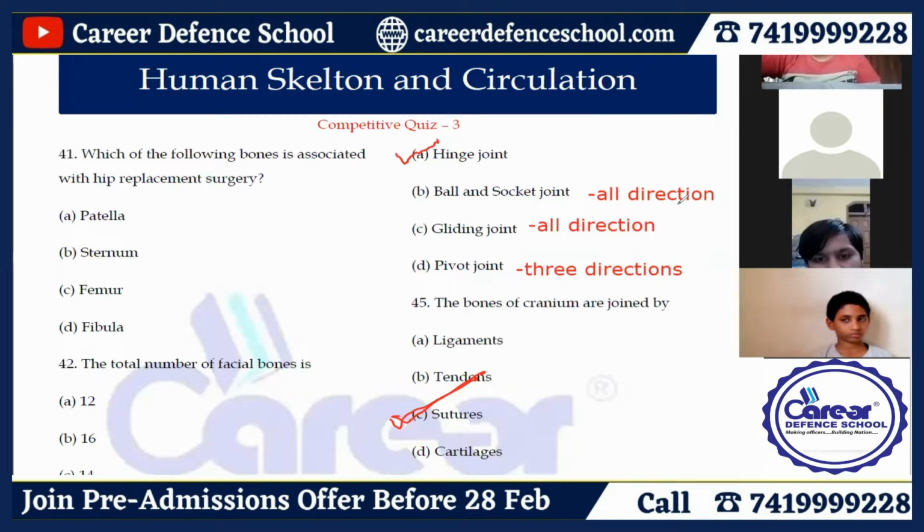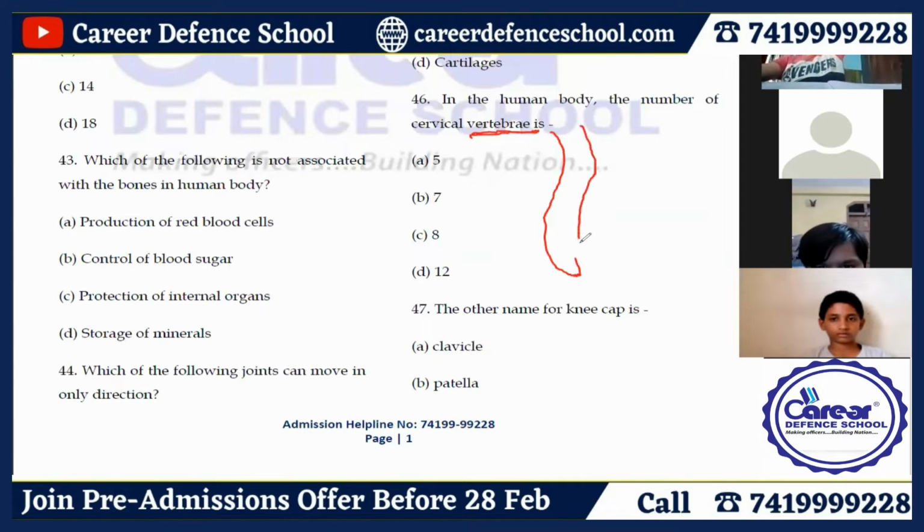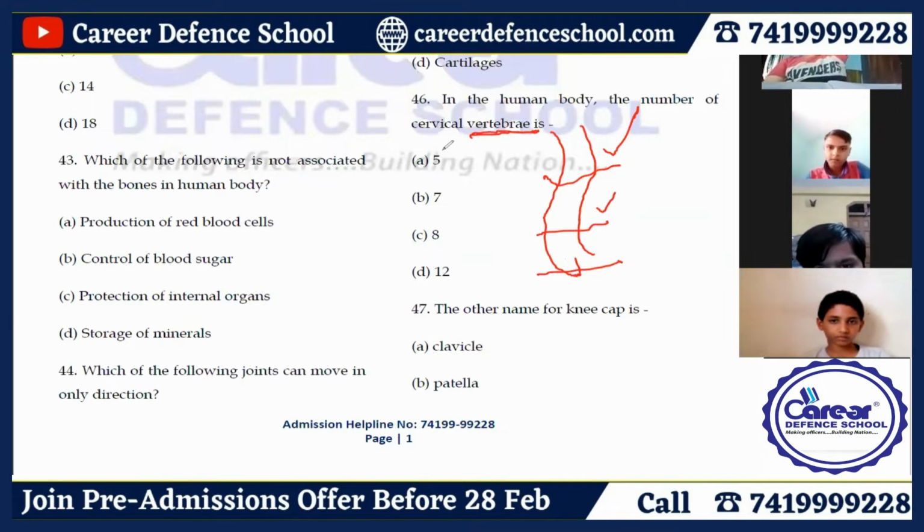Now the next question is question number 46. In the human body, the number of cervical vertebrae is. Vertebrae means we are talking about your backbone. Your backbone has basically 3 main parts. I told you yesterday also. Upper vertebrae, middle vertebrae and lower vertebrae. So cervical is the upper vertebrae.